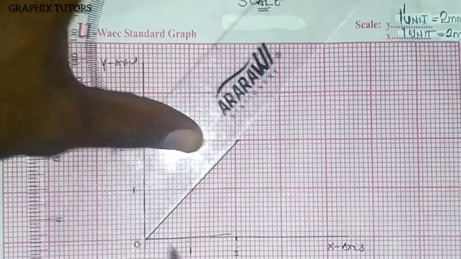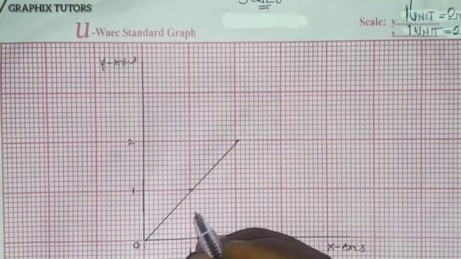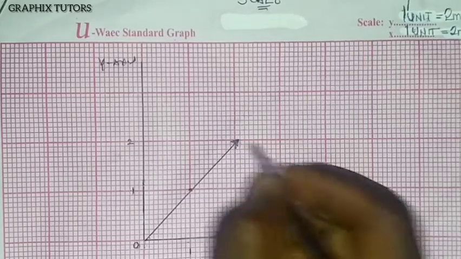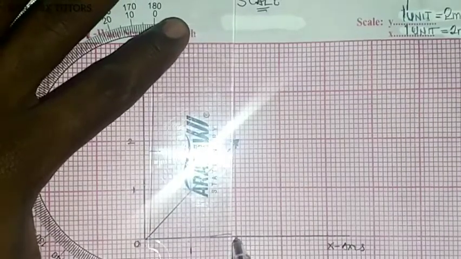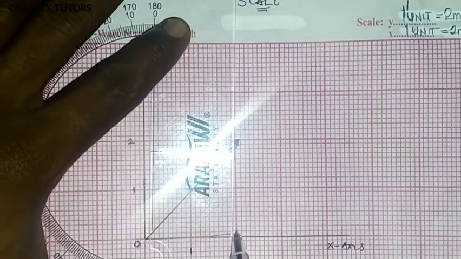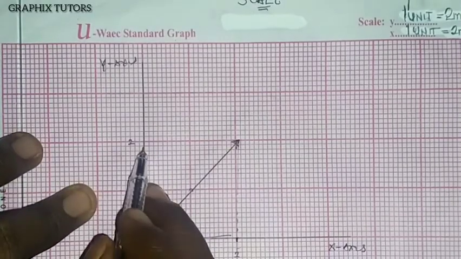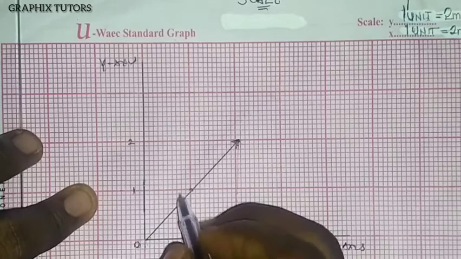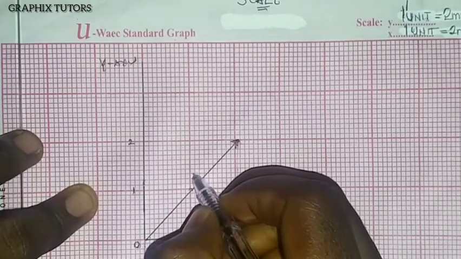So this line here is our force, because that is where the distance at 2 along x-axis meets that of y here. This is where they meet, the point of intersection. So this will be my force of 300 Newton.